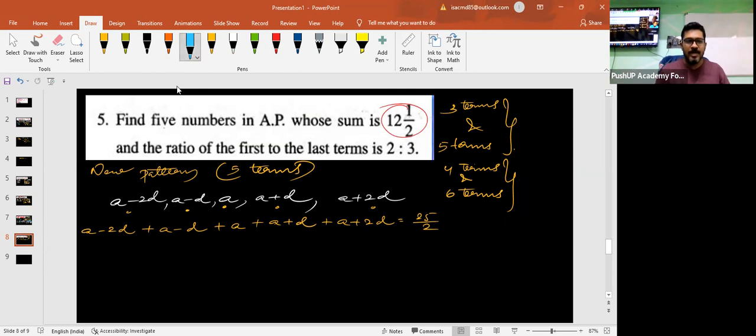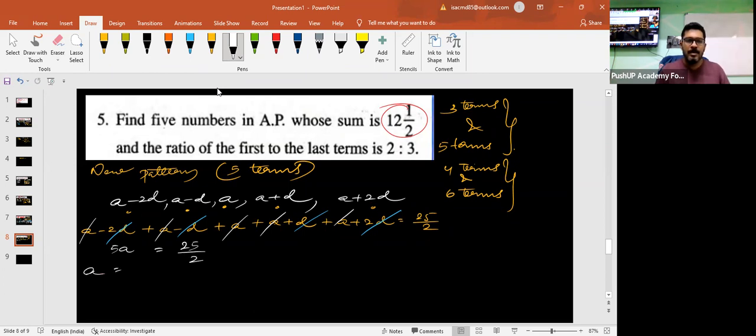Now, let's simplify this. See, children, minus 2D plus 2D will get cancelled. Minus D plus D will get cancelled. So what is left over? A. One more A will be there, no? 5A. So total 5 A's are there, which is equal to 25 by 2.